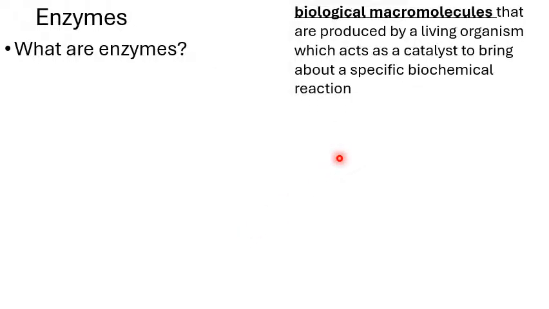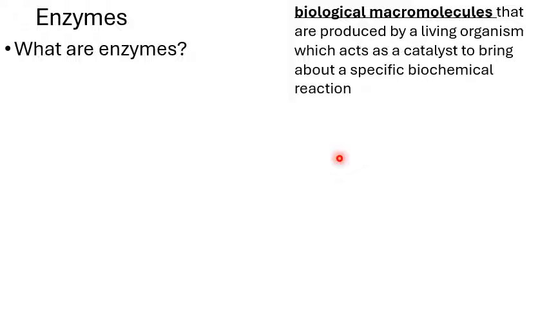What are enzymes? Enzymes are biological molecules, biological substances produced by microorganisms, plants, and even humans. They're actually produced by every living organism, and these enzymes usually act as catalysts to bring about certain specific reactions within the cells.